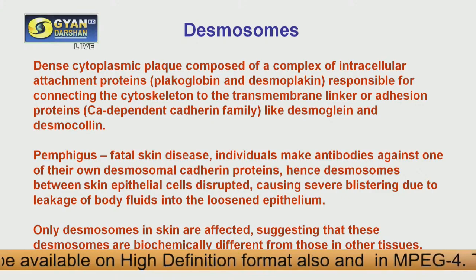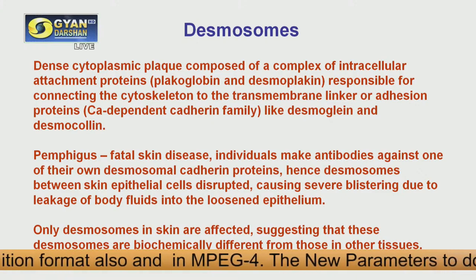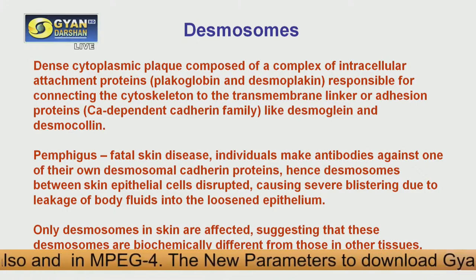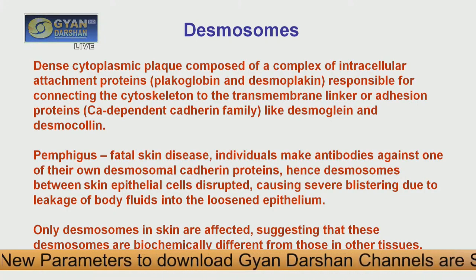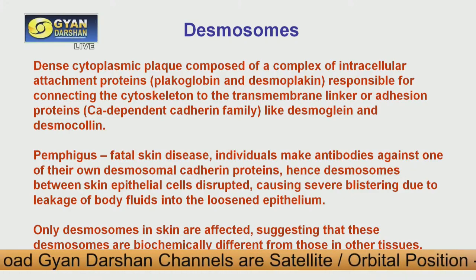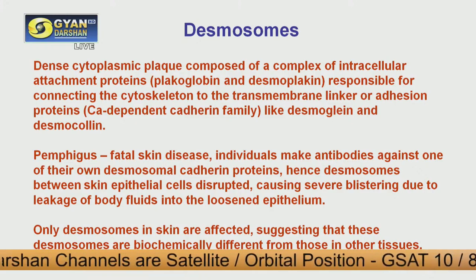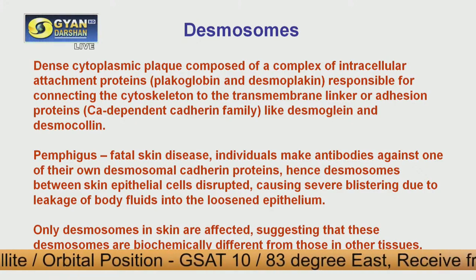Normally antibody is produced during infection. But in these patients, the body suddenly starts synthesizing antibody against your own protein, that is, your own desmosomal cadherin protein. And what is the result? The result is that the skin epithelial cells are destroyed.